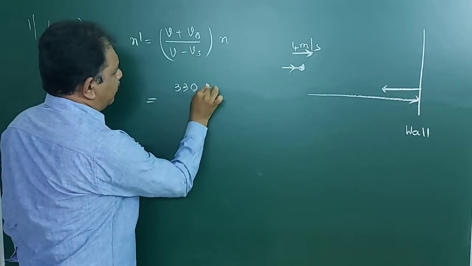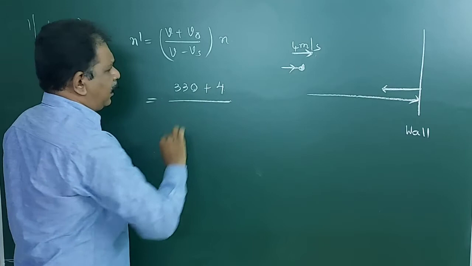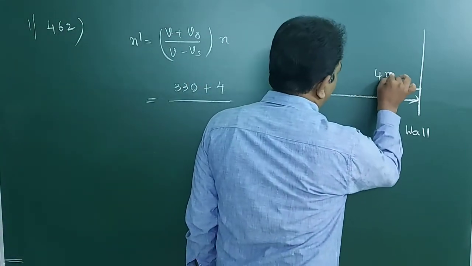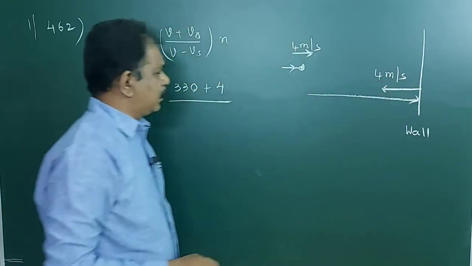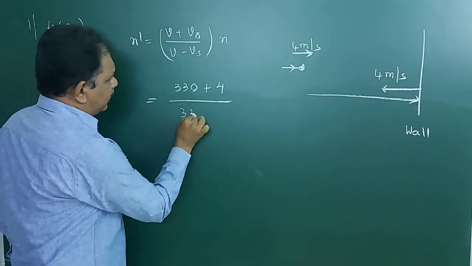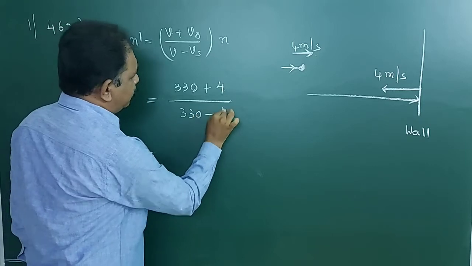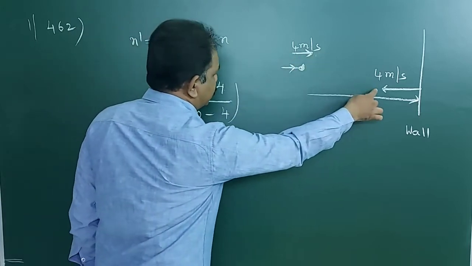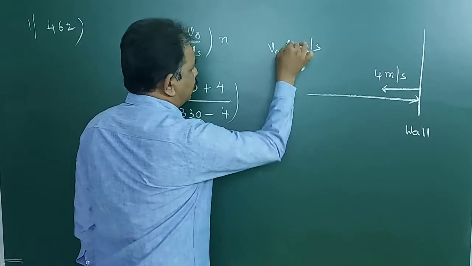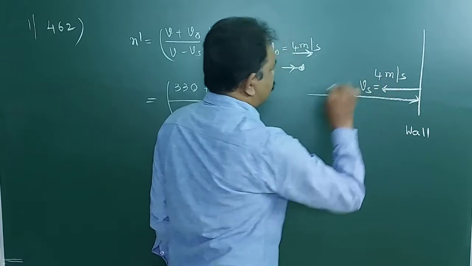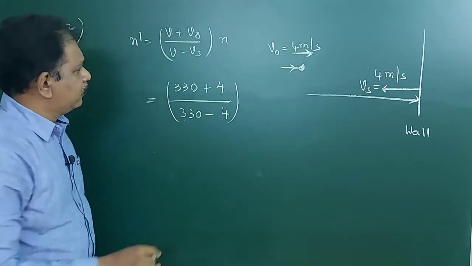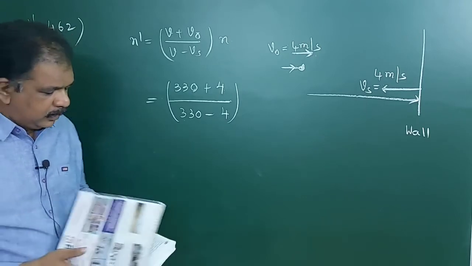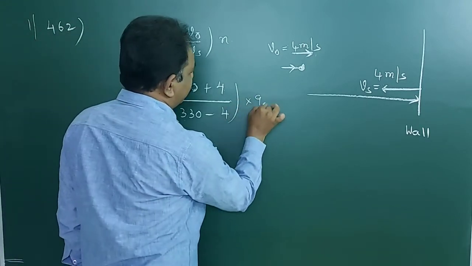Reflected sound will have the same velocity of the bat, so it will also have the same velocity of 4 meter per second, and 330, this will also be 4. Observer velocity 4 meter per second is observer, and this is source. Like that we had to take, into actual frequency they gave 90 into 10 cube.